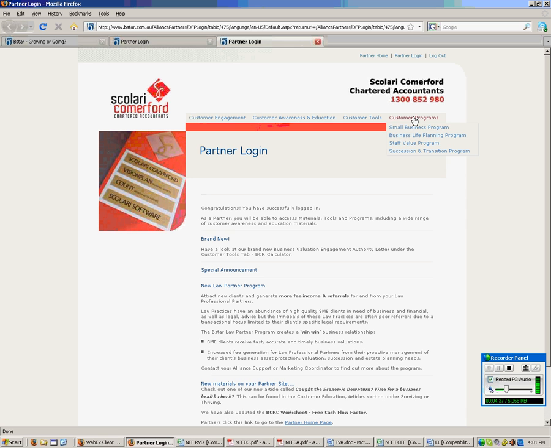The branding functionality incorporates the alliance partner's business name, logo, and contact details. We will now have a look at the BStar branded demonstration partner site to access the Business Capitalisation Rate Calculator and to complete a business valuation.